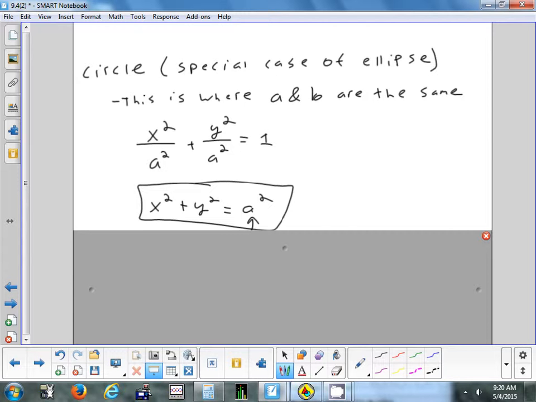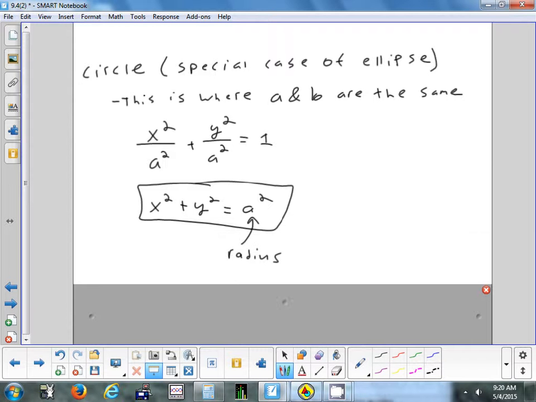A isn't normally the letter we use, though. Anyone remember in a circle what a represents? Yeah, that's your radius. So when you see the equation of a circle, it's usually x squared plus y squared equals r squared. And that's all we're going to say about a circle. It's just a special case of an ellipse.